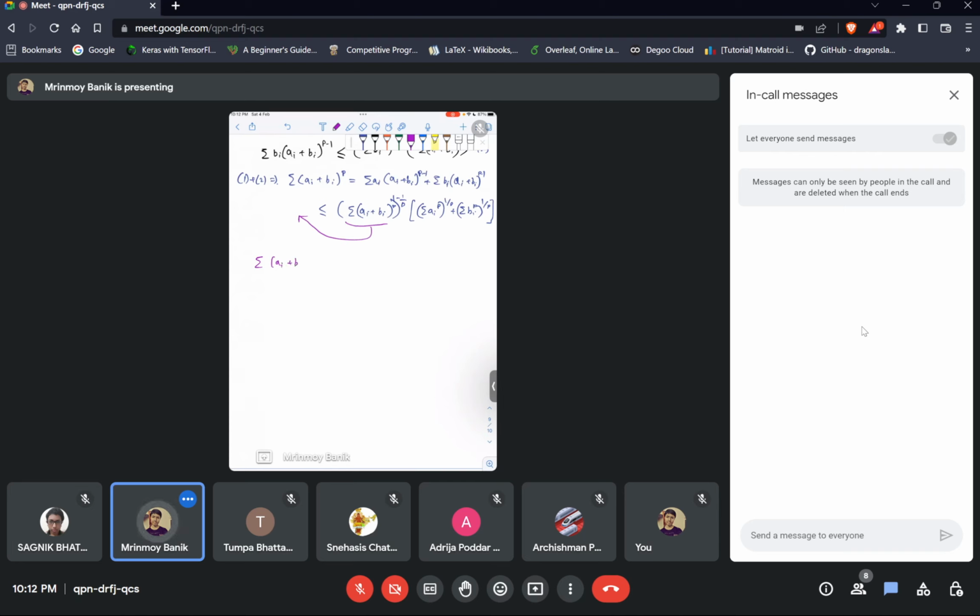So (ai bi)^p whole power 1 minus 1 by p, which is 1 by p. Proved.